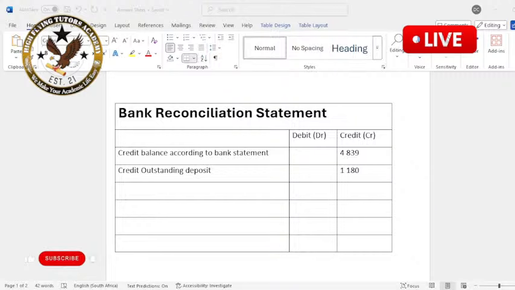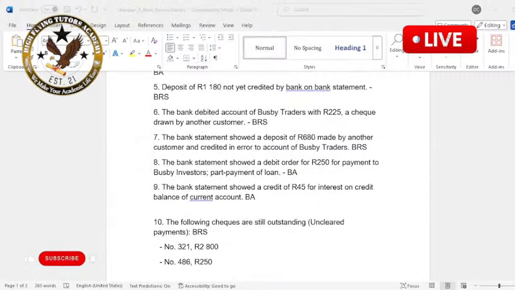So the next question says the bank debited account of Bus Buy Traders with 225, a check drawn by another customer. So here it was another customer making a withdrawal, or maybe making a payment.